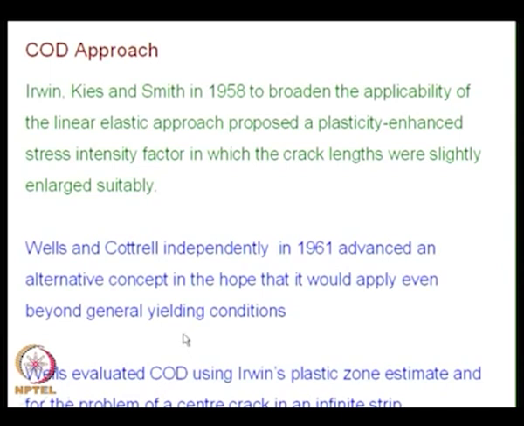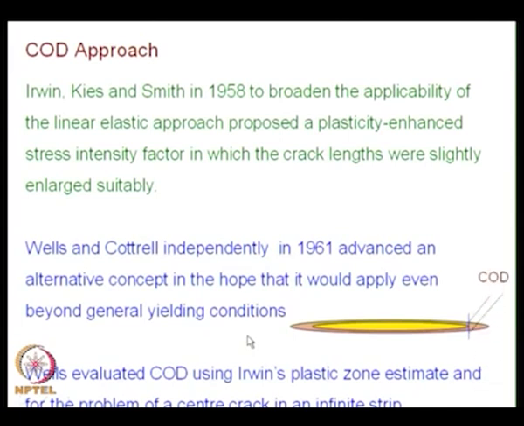We would have a pictorial representation now, and we will also spend some time on it a little while later. From the point of view of Irwin, you imagine the crack to be longer than the actual crack; the actual crack is only this much. So, at the tip there would be an opening which is labeled as COD.